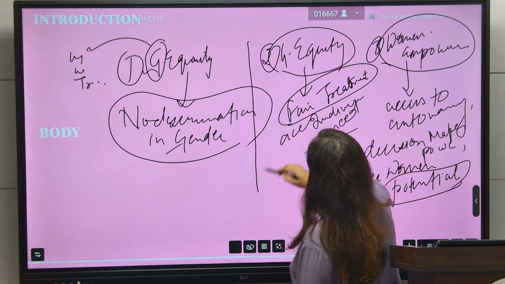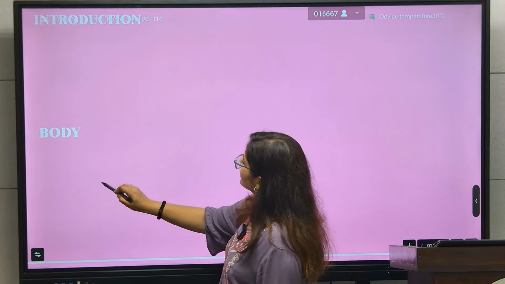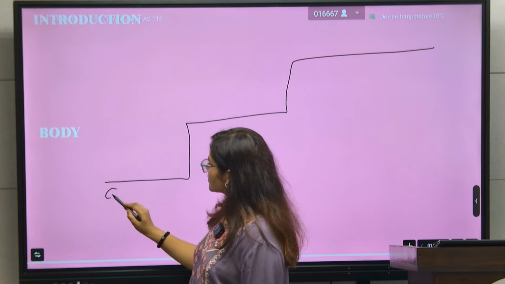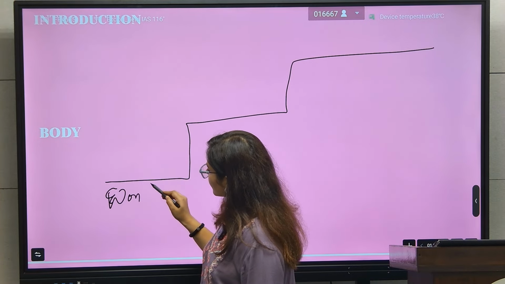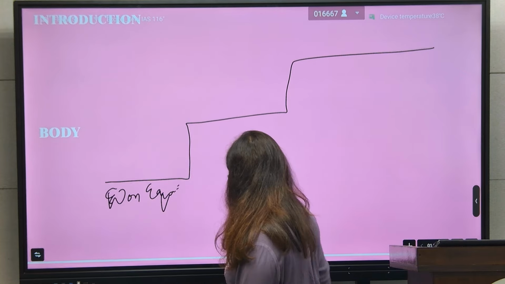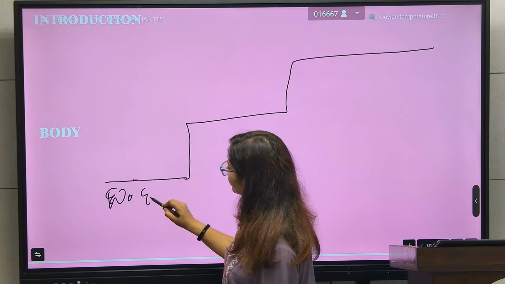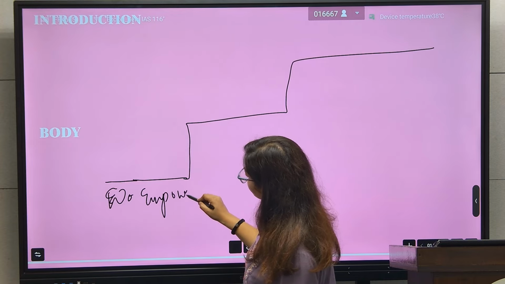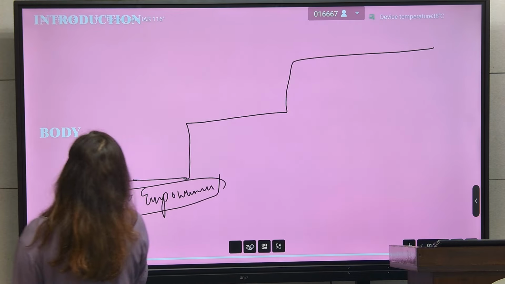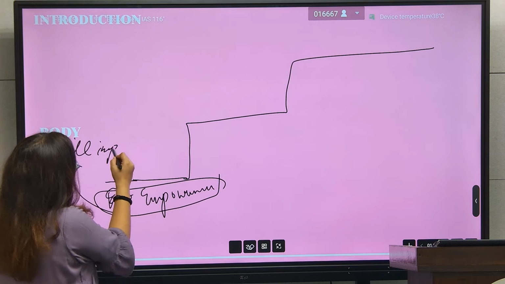Now these three things are like a sequence. First is women empowerment, by skill improvement, by education.